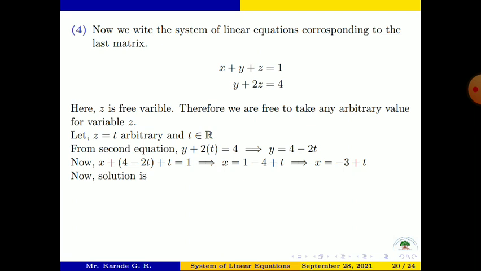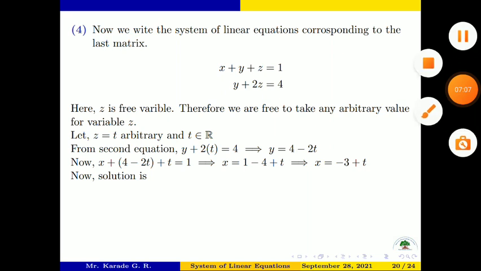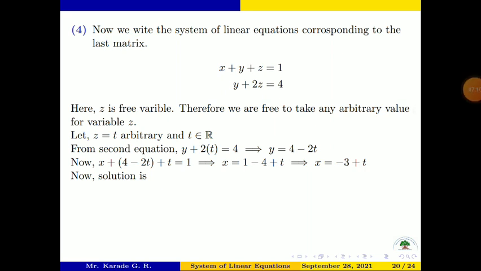Now the solution for this system of linear equations is written here. X is equal to minus 3 plus t, y is equal to 4 minus 2t, and z is equal to t, where t is any real number.